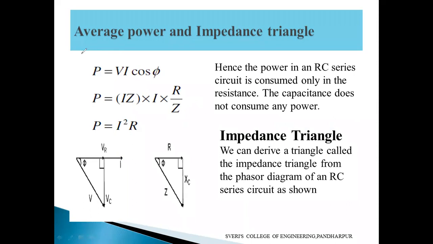The average power of the circuit, P equal to VR into I, equal to V cos phi into I, therefore P equal to VI cos phi. Write this one directly.